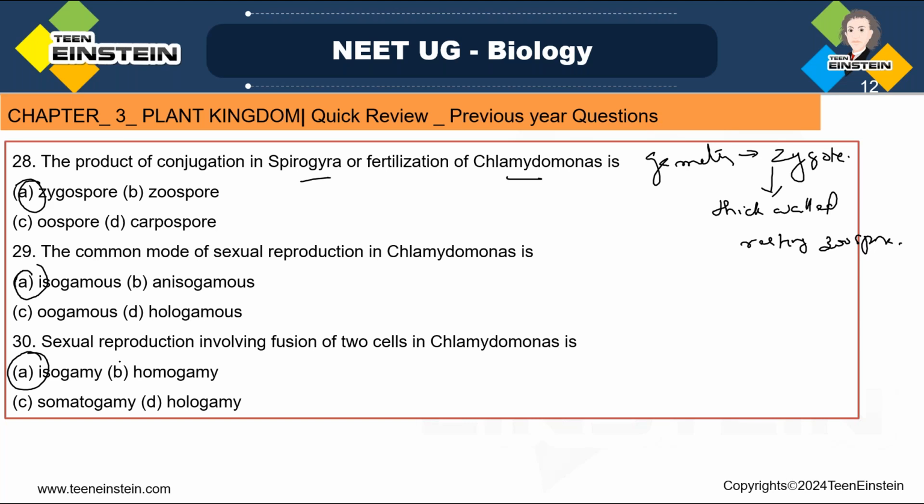In this whole chapter, you will get only this kind of question, with no application of hi-fi ideas. You can easily score the marks of this chapter if you read it thoroughly, make the tables and learn the examples. Clear? In the next class we'll go for the remaining questions of previous years. Thank you.